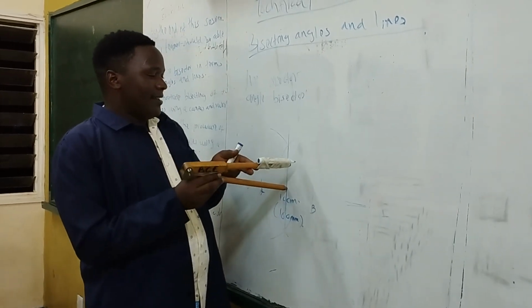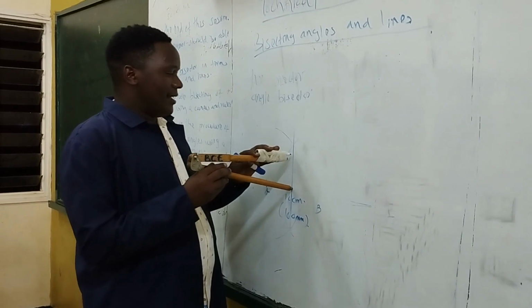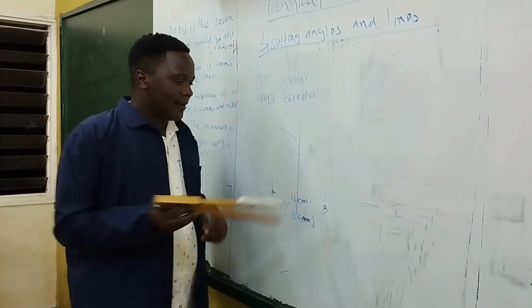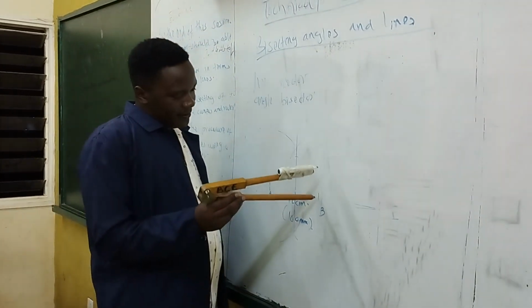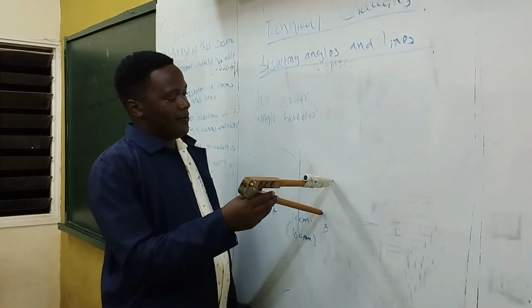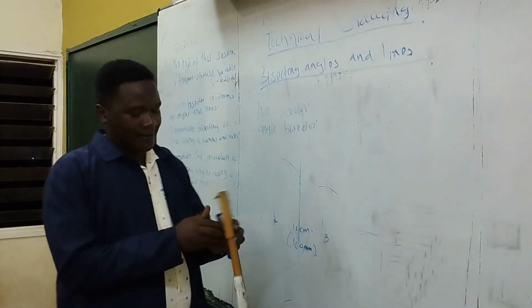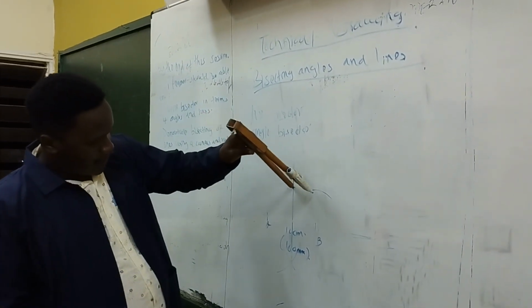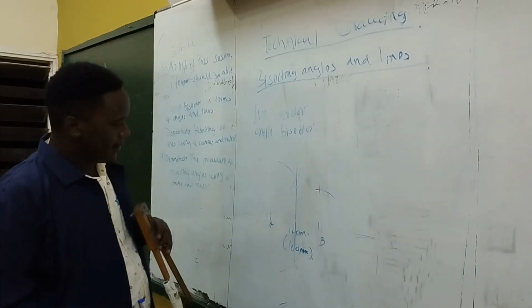Standing here, you make an arc there. And at the arc that you have made, you move out your compass and make another arc the same way, right there.